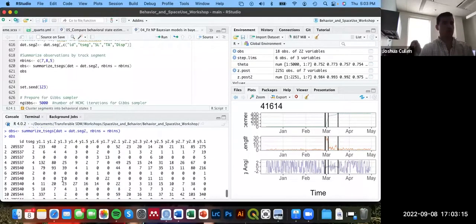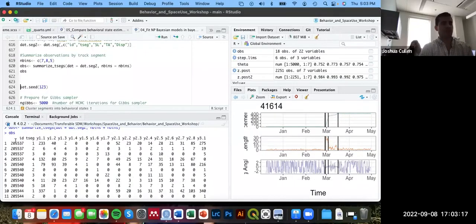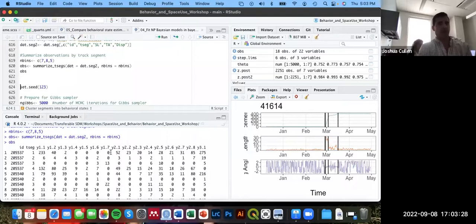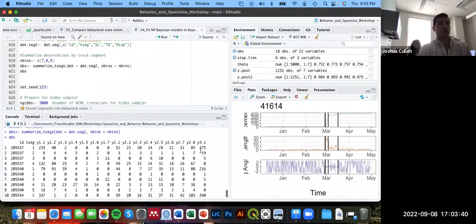So each row is a different time segment with an ID label. So for the first individual, there's only 4 time segments. For the second individual, there's 5 time segments, etc. And on the columns, we see y1.1, 2, 3, 4, 5, 6, then y2, y3.